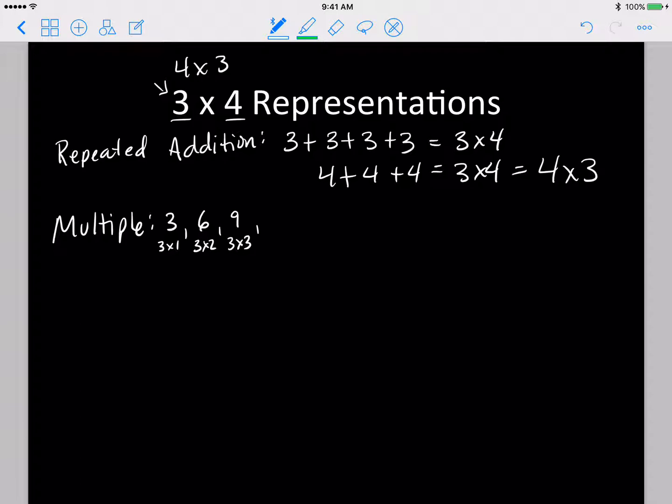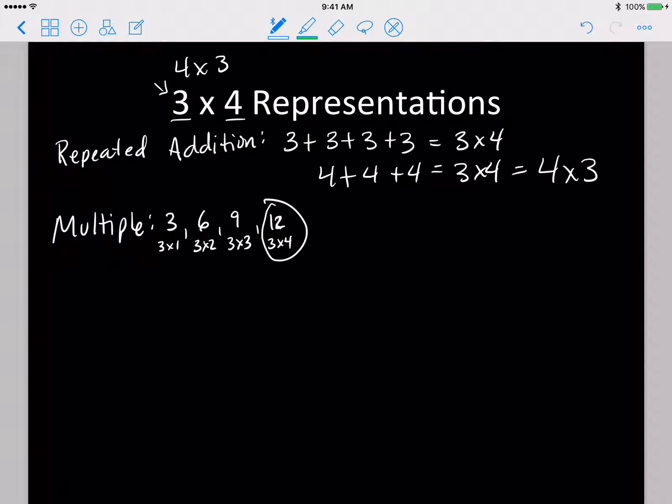And then our next multiple, so 3, 6, 9, 9 plus 3, so put 9 in your head, 10, 11, 12, 3 more, so 3, 6, 9, 12. So 3 times 4 is equal to 12. So that's what we wanted, right? So I'm going to circle that. So we know that 3 times 4 is equal to 12.